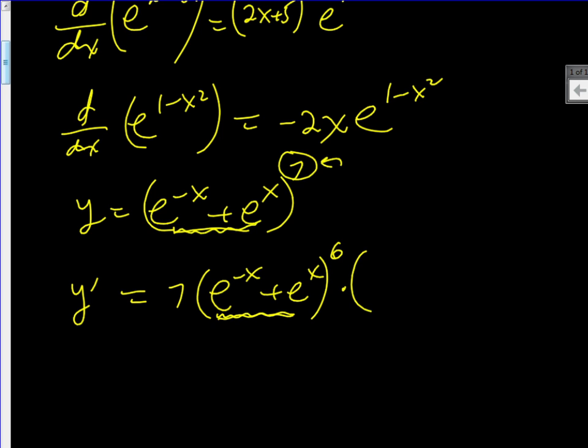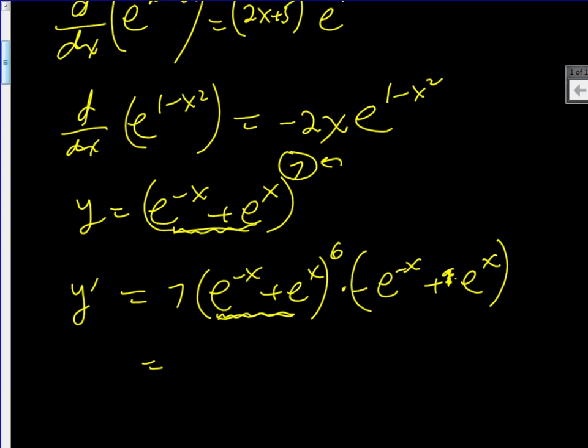And the derivative of e to the negative x is e to the negative x times the derivative of negative x, which is minus 1, plus the derivative of e to the x, which is e to the x times the derivative of x, which is 1. There's no point in denoting you're multiplying by 1.